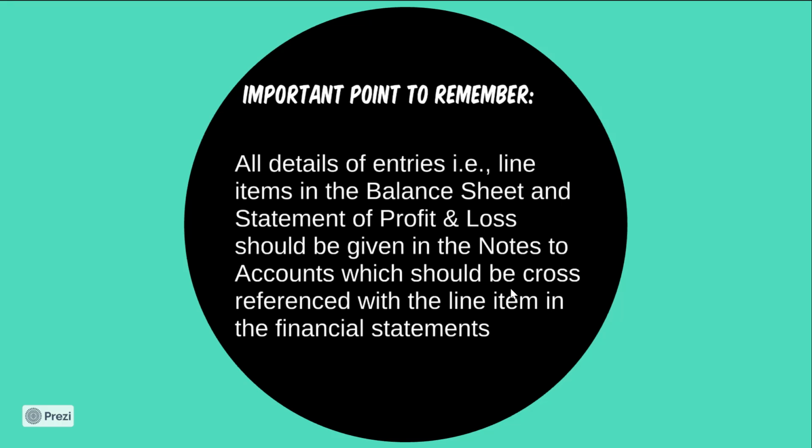So what this means is, when preparing the balance sheet and the statement of profit and loss, against each item only one amount should be shown, and how the amount has been arrived at, the details of all those has to be specified only in the notes to accounts.